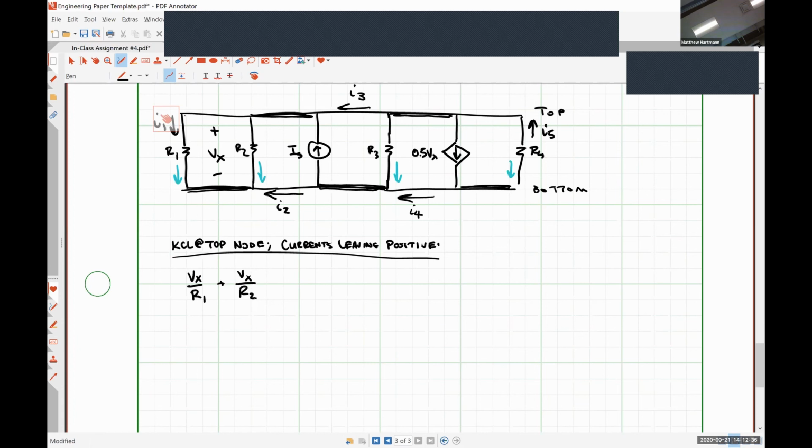Alrighty, my current source is entering the top node, so should it have a negative sign or a positive sign? Negative, because currents that are leaving are positive. So negative IS. How do I express the current flowing through resistor R3 in terms of Vx?